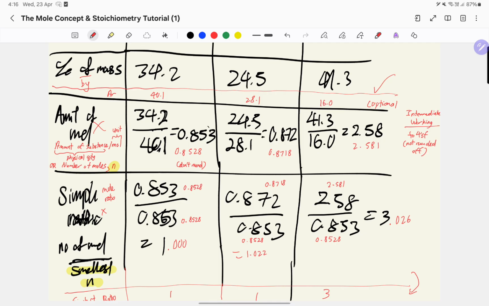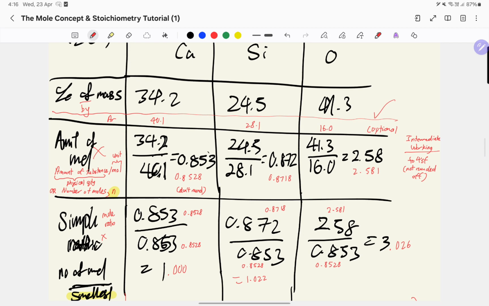Take for instance the amount of calcium atoms in solid A, 34.2 divided by 40.1. The calculator value will have shown you 0.85286788304. This is the one that you need to use in subsequent calculations.